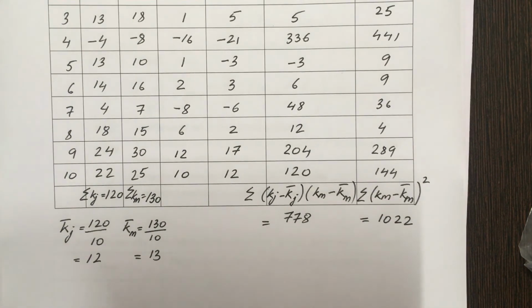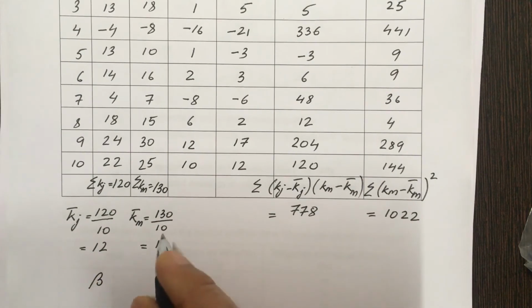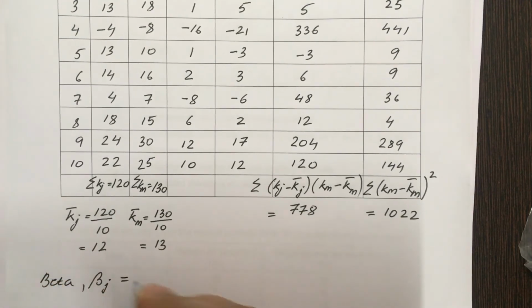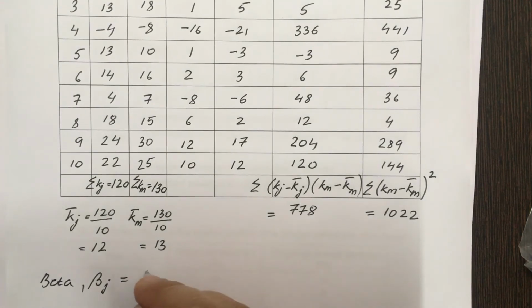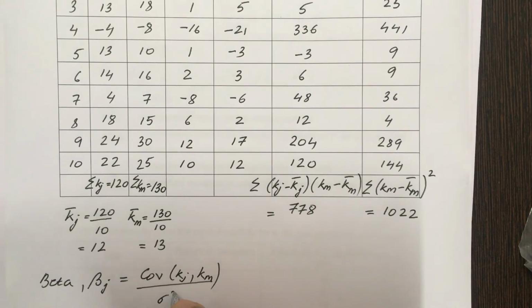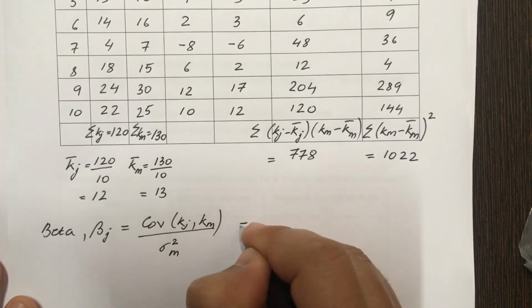All right. So now how do you find out beta? So beta, all right, beta j is equal to covariance COV, all right, Kj Km divided by variance of market portfolio. All right, now how will you find out? Very simple.